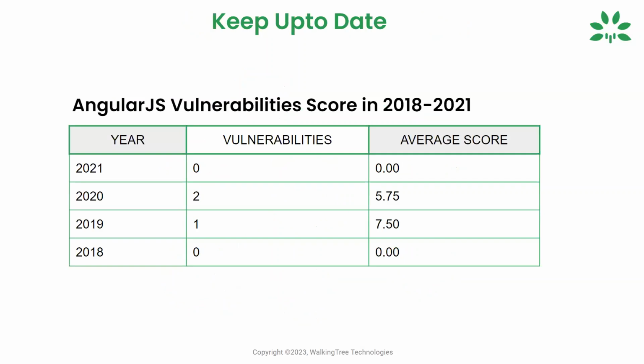Like we have discussed earlier, we need to keep our app up to date to maintain the latest version, to get additional features or solve the issues that we have faced earlier. You can see the graph where from 18 to 19 we have one vulnerability which was identified, and in 2020 that vulnerability is solved, and two more vulnerabilities in different libraries were found, and in 2021 you can see 0 vulnerabilities.